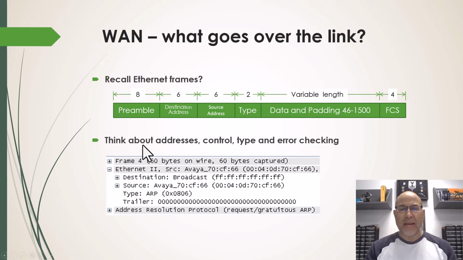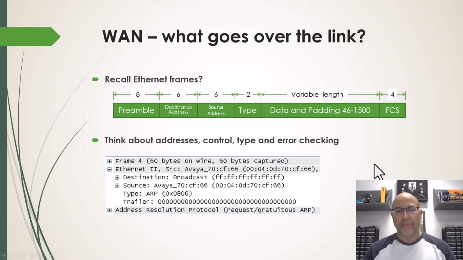Those are the main things that we think about when we're trying to build an Ethernet frame. And remember that some of these fields are visible when we look at an Ethernet frame in Wireshark, but we can't see it all. We can't see the preamble or the frame check sequence, but we can see the MAC addresses and the type. Okay, so that is an Ethernet frame, or what we might say Ethernet encapsulation.